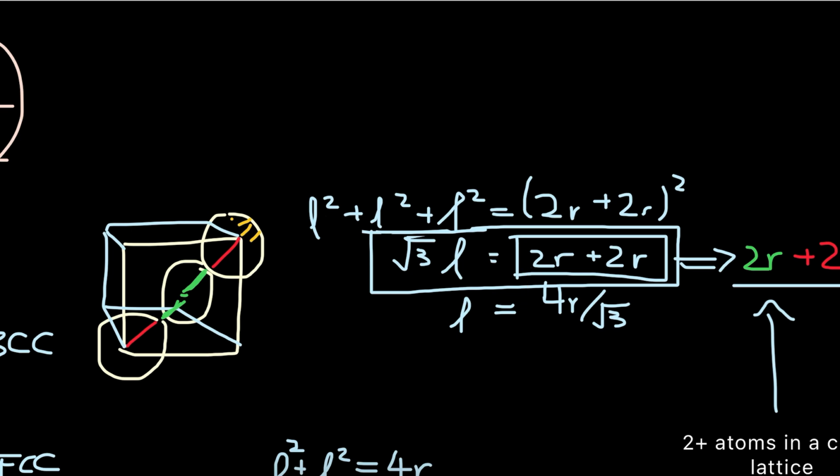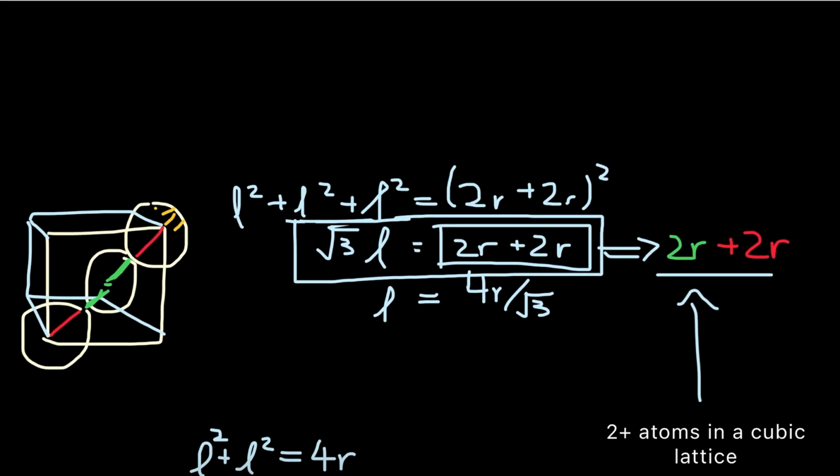But we can't do that if we have different atoms in the cubic lattice. So instead of saying 4r, we're going to have to say that the radius, in relation to length, is made up of the 2 radiuses of one atom and the 2 radiuses of the other atom.